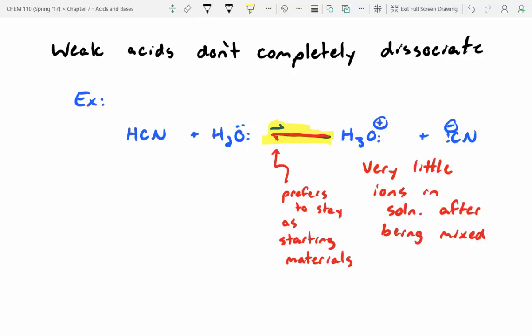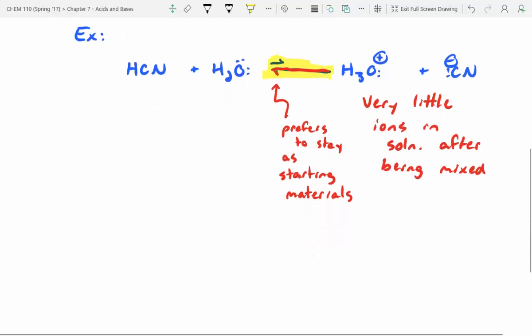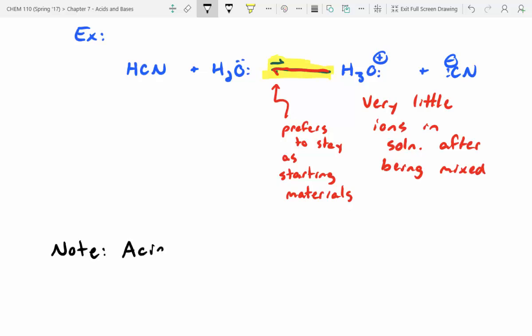All right, so let's define one last thing. Acid strength is an intrinsic property.